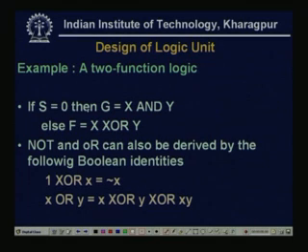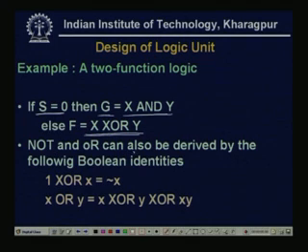Now, we are designing a logic such that if S equal to 0, that means the select line of the multiplexer is 0, then the function G is x AND y, else the function is x XOR y. Either it is doing AND or it is doing XOR.